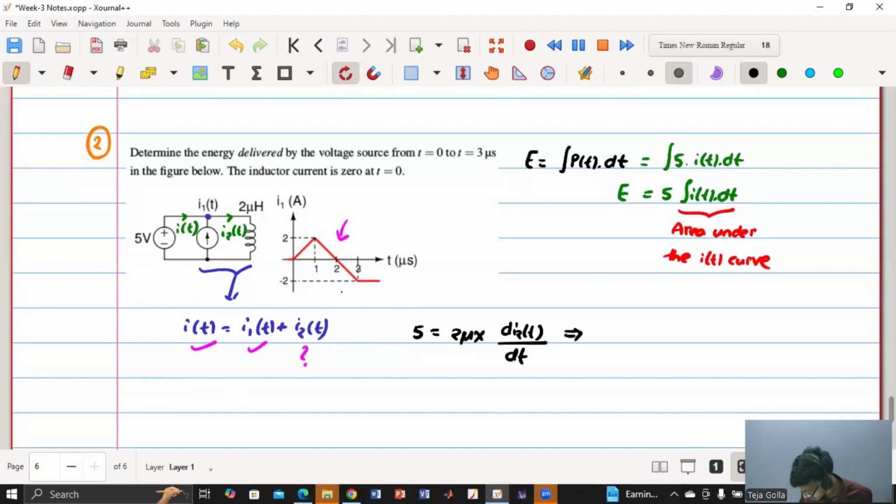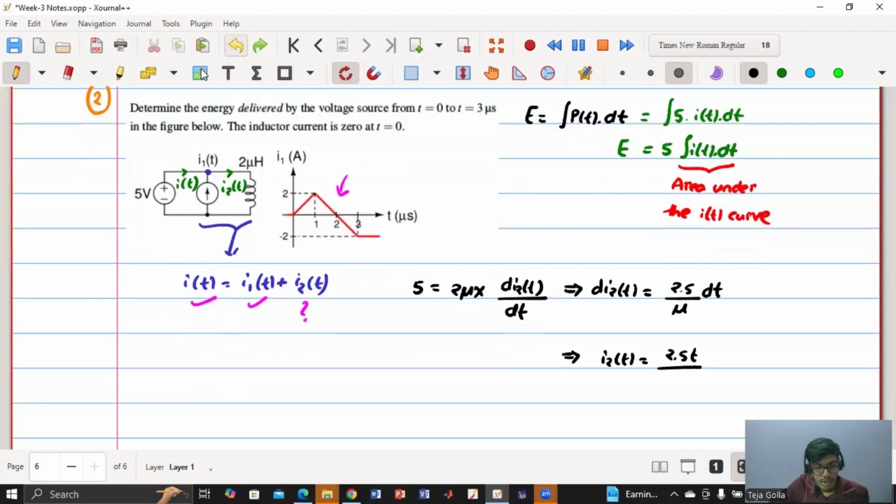So now we'll get I2 of t is equal to 2.5 t by micro, or I can write 2.5 t, where t is in microsecond. Agree? I have solved for I2 of t.